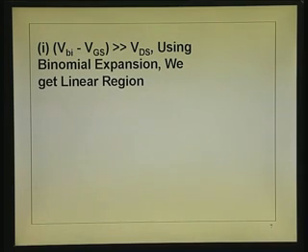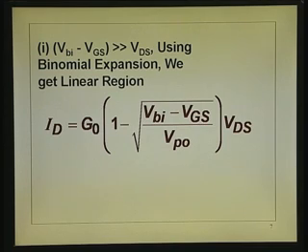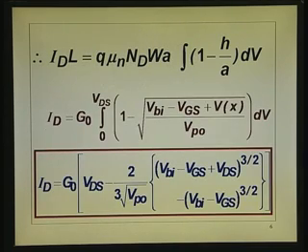So, we are going back to that linear region. We will see whether we get the linear region or not. V_bi minus V_gs much greater than V_ds, and using binomial expansion we get the linear region. So, what you have to do is, I think I will just quickly do that, so that you are not left with any hang ups on that.